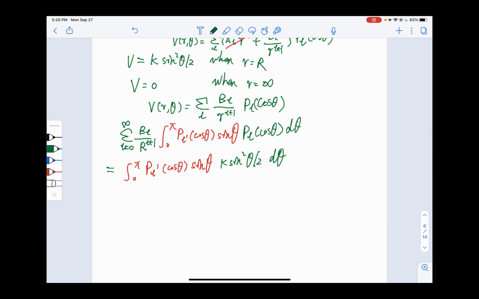The idea is still the same, to apply this additional term PL prime and also the line element, and then doing the integral from 0 to pi. And in the end, if you work this out, you can see that BL should be k squared over 2 at r when L is 0.